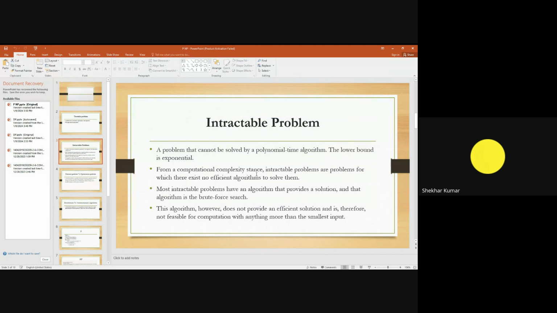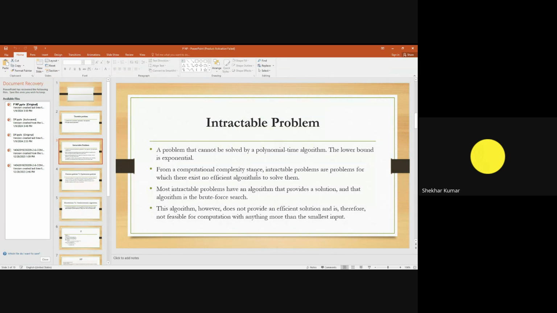And from the computational complexity standpoint, these are problems for which an efficient algorithm to solve does not exist, though we can verify solutions in polynomial time. Brute force approaches are used, in which hit and trial methods are used to find the solutions, because we cannot find a proper method.